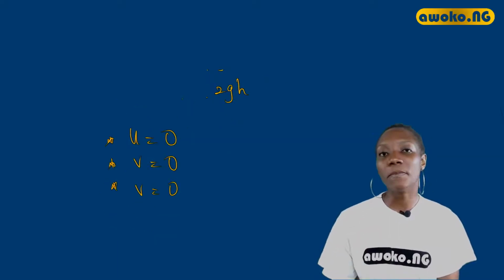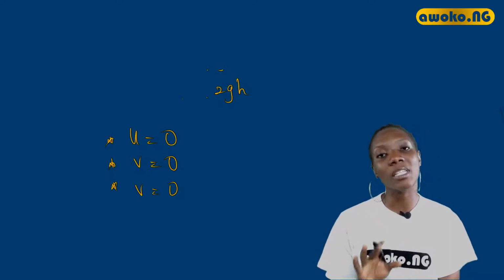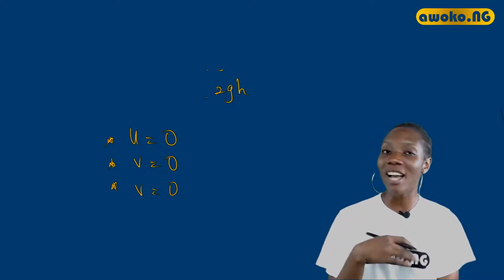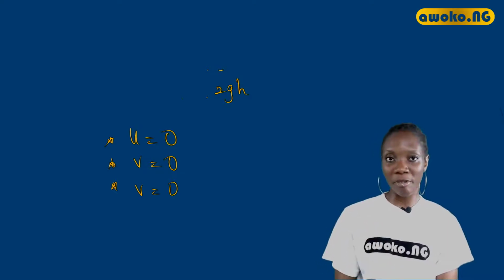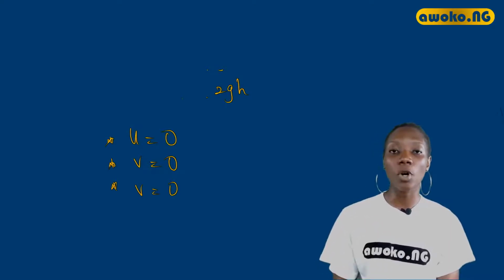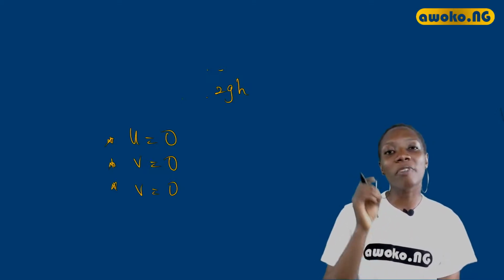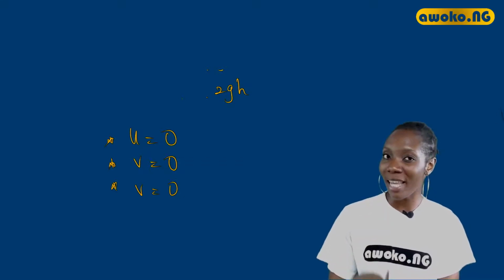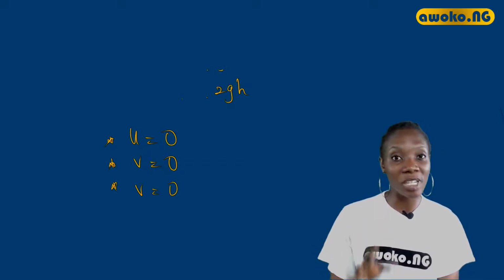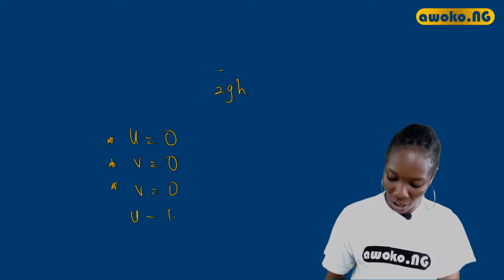So lastly, if the problem you're asked to solve indicates that the body is being decelerated, or that, say, a brake was applied, the maximum velocity at the time when the deceleration started, that is when the velocity started decreasing, must be treated as the initial velocity u. That is, u is the initial velocity.